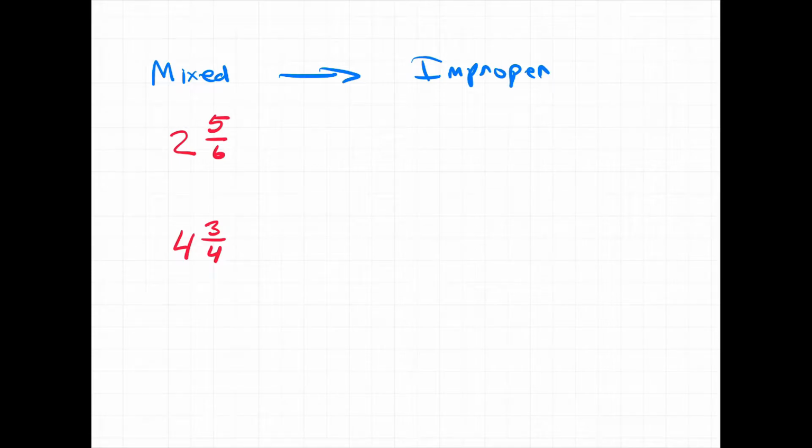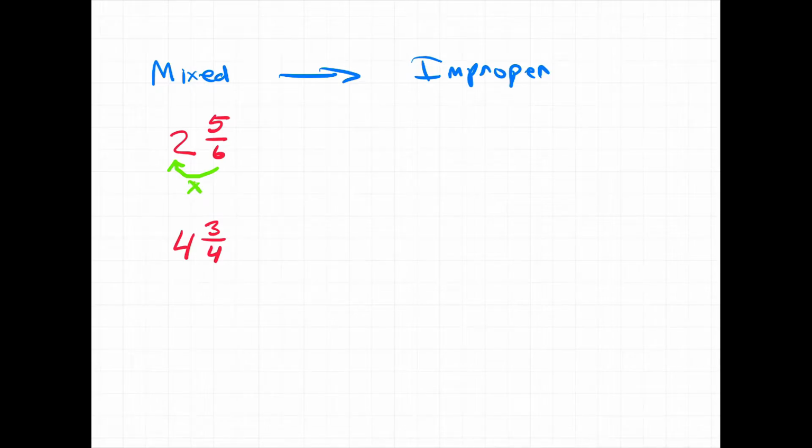Okay, now we're going to take mixed numbers and convert them into improper fractions. And to do that, we're just going to take a look at this first example, which is 2 and 5 over 6. That's a mixed number or a mixed fraction. And we are going to take the denominator and multiply that by the whole number.